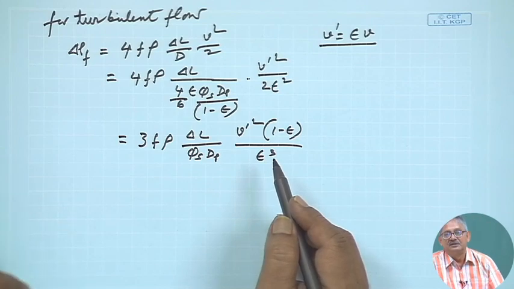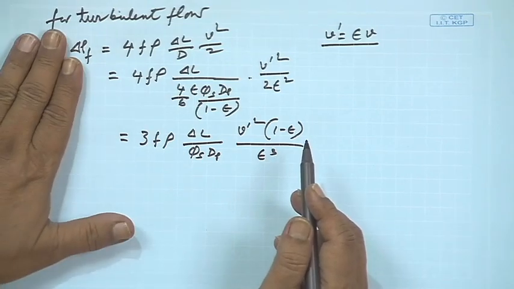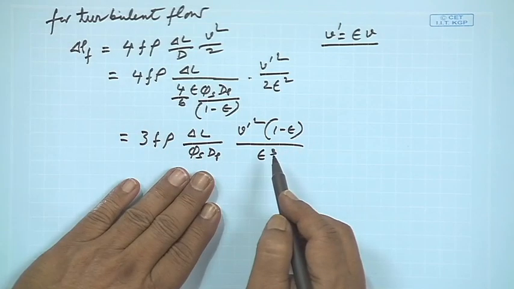So, here also the researchers have seen that the delta p which is predicted with this relation, the delta p which is delta p f for turbulent flow, the pressure drop under friction factor delta p f, that can be predicted through this relation, where we also have the particle size as dp, we also have the void space as epsilon, and we also have the velocity through the packed bed, that is v prime.